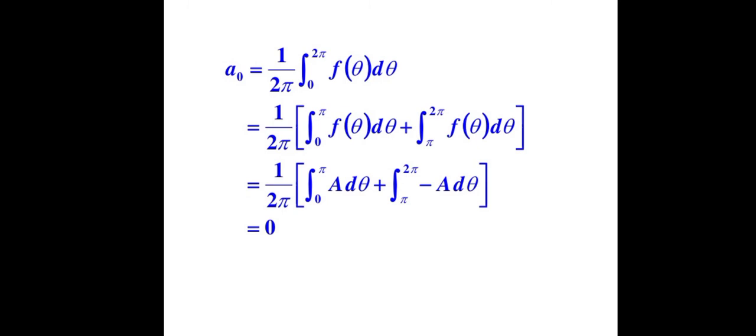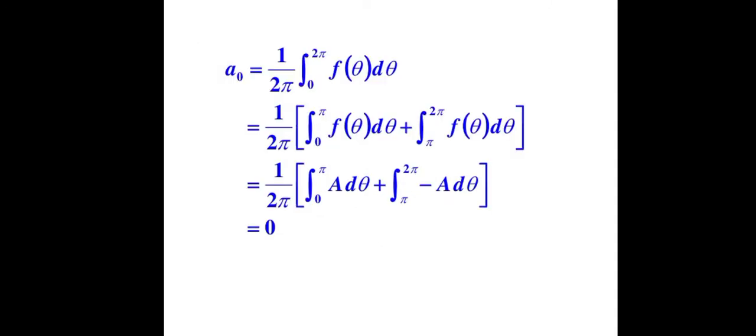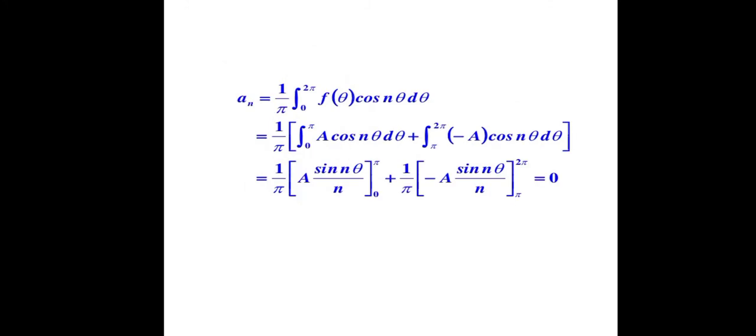The minus sign indicates the downside of the square wave, minus a, and the plus sign indicates plus a. By the integrations, this comes to 0, then 1 upon 2 pi into 0 is equal to 0, so a0 is equal to 0.